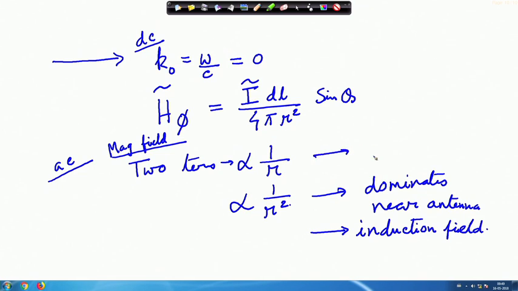So, this term is called the far field of the antenna. What is far field etcetera we will discuss again, but this is their nomenclature. So, this is the induction field, this is the far field.